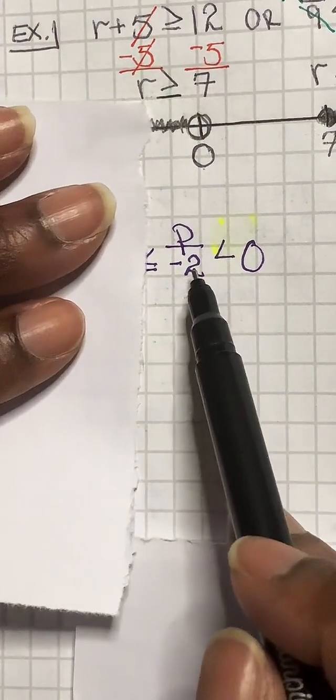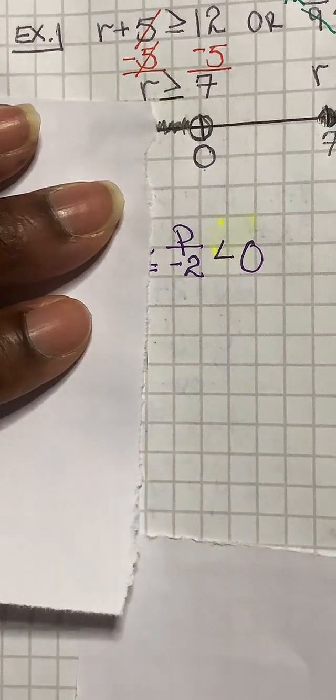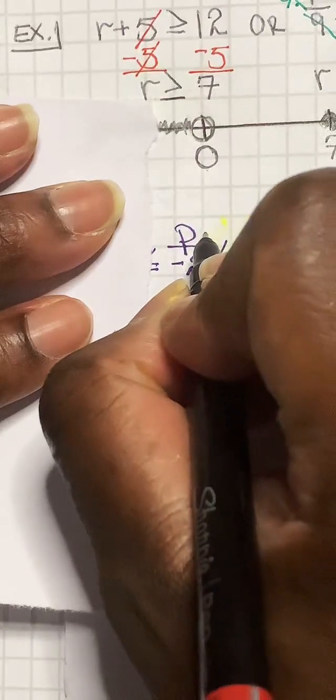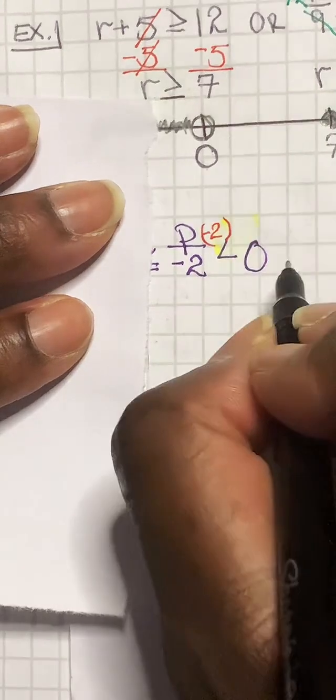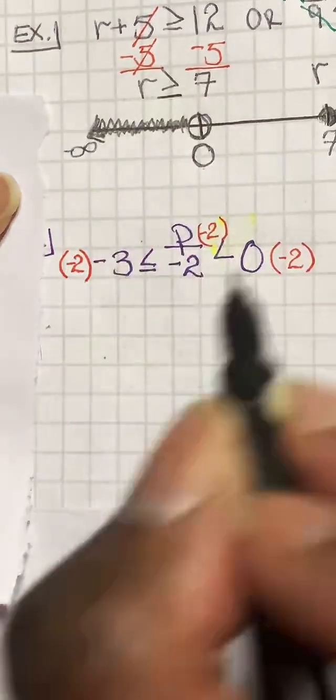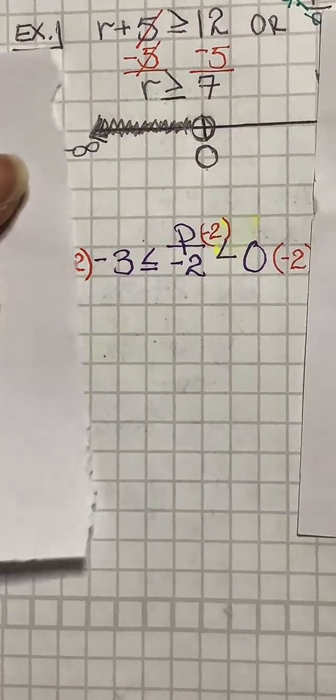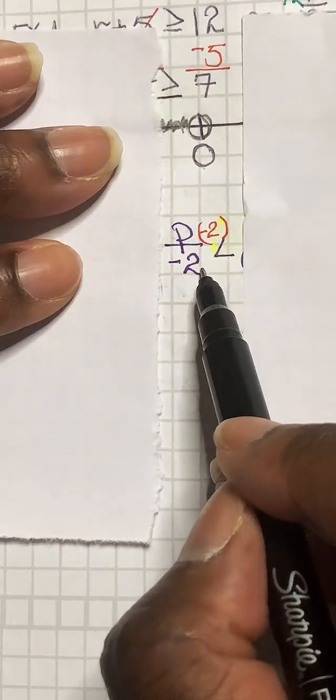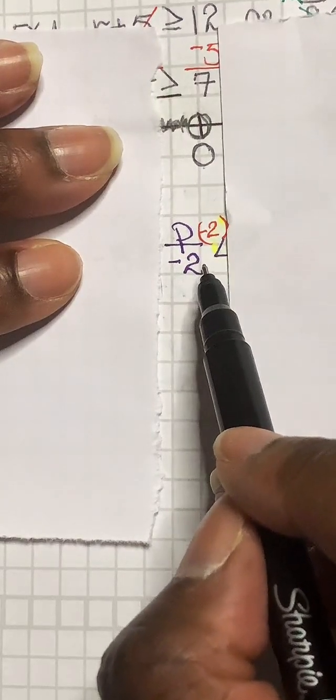So let's do two birds with one stone. We're going to multiply this middle by -2, this end by -2, and this end by -2. What happens in the middle is -2 divided by -2 gives me a +1.